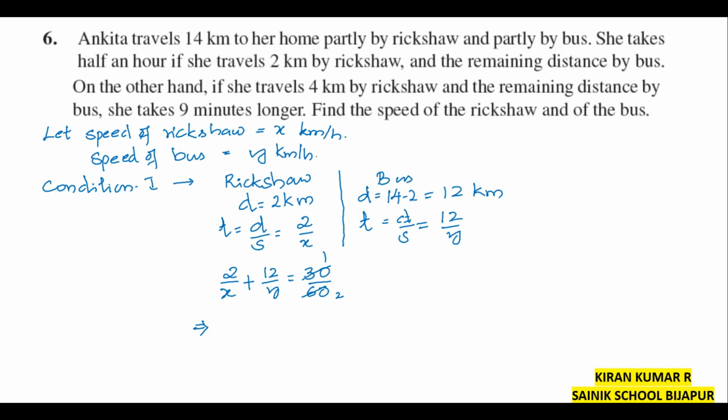If I divide throughout by 2, I will get 1 upon x plus 6 upon y equal to 1 by 4. Let me call this equation number 1.